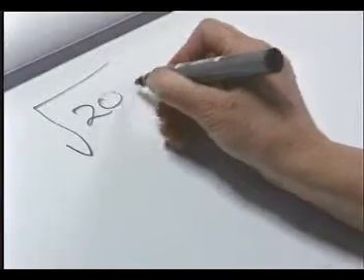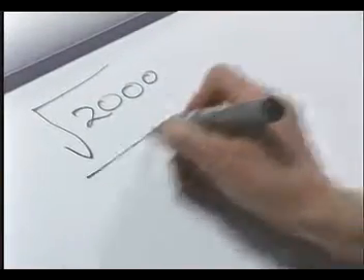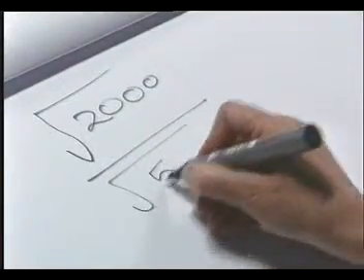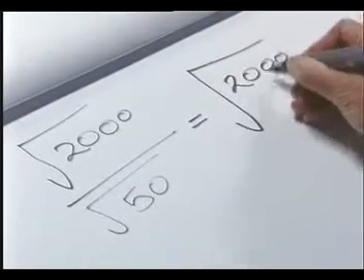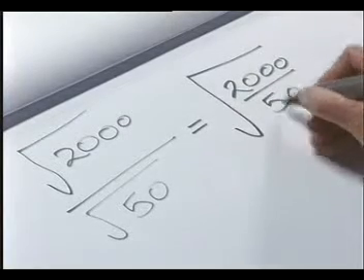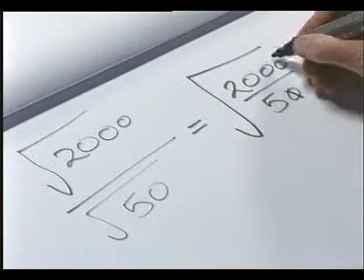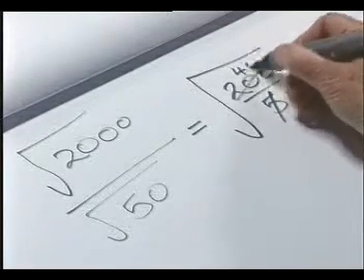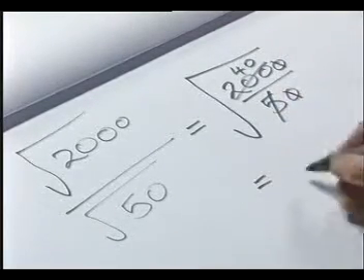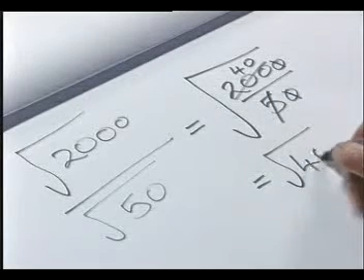Delicious. What if we had a quotient involving square roots? What if we had the square root of 2000 divided by the square root of 50? Well, we use a similar rule to the way that we use the rule for multiplication. We can say that that is equal to the square root of 2000 divided by 50. We cancel down and we get that the answer is the square root of 40.